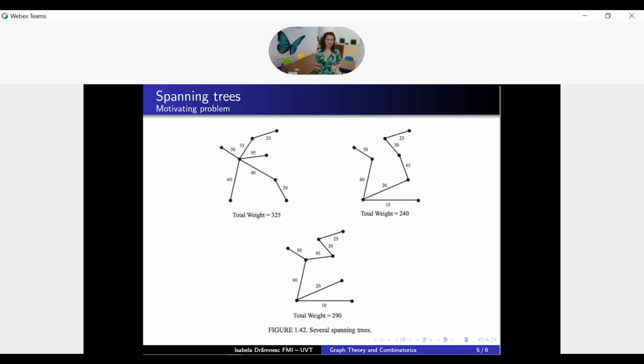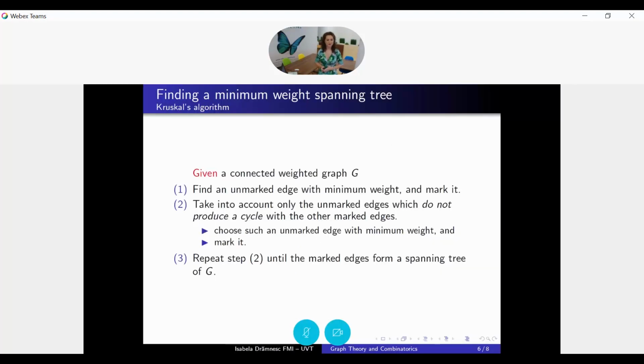And here you can see 3 examples of spanning trees which are derived for the corresponding graph G. Each spanning tree actually has a different total weight, and what we have to obtain is a minimum spanning tree.